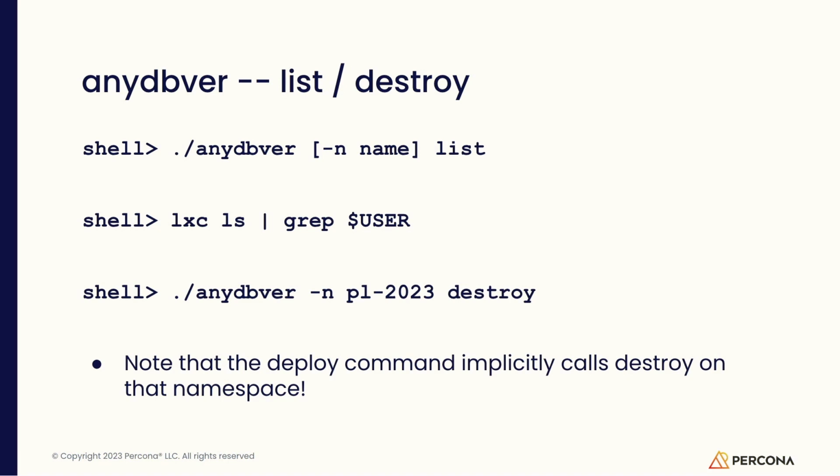So just an FYI. But when you want to manually destroy, you can use the destroy command with the appropriate namespace. So you are saying that if you don't specify the destroy and you are deploying a certain namespace, you will execute first the destroy, wipe it out, and then deploy? Yes, exactly.